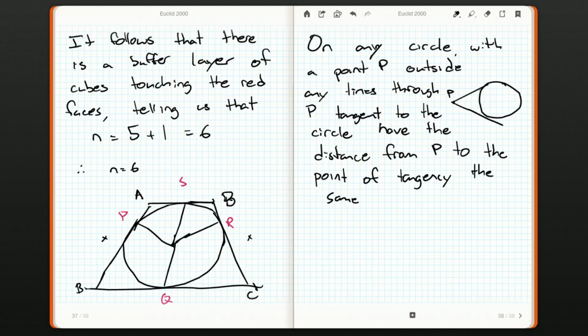So we have our point P out here. What this means is we have tangency points here, then these two lines have the same length. That's what the theorem tells us. And this is a common circle geometry result, but it means that SB, for example, is the same as BR.